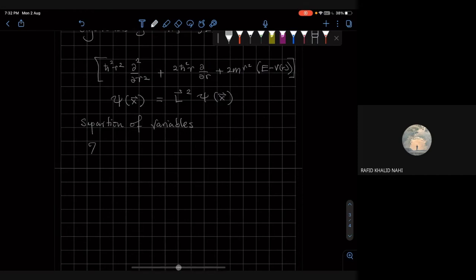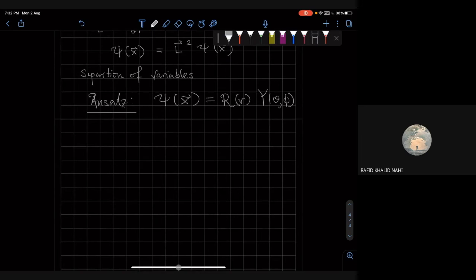So our ansatz. Do you know what ansatz means? Test solution. Exactly. So we can write an ansatz to be a radial wave function, which is R of r, and then an angular part, which is Y of theta, phi.